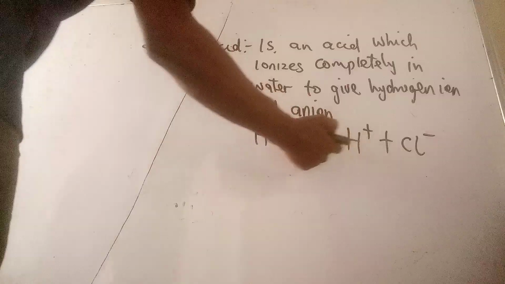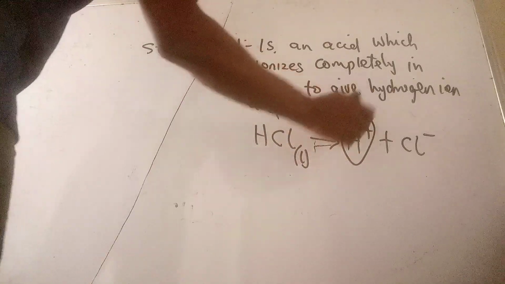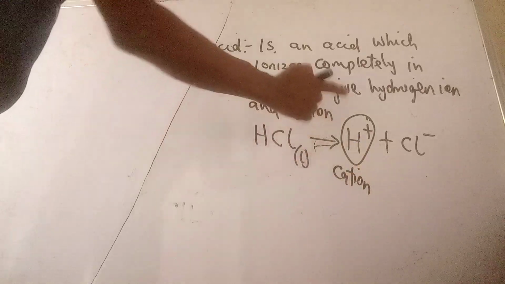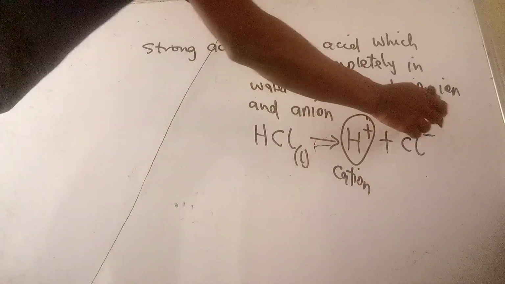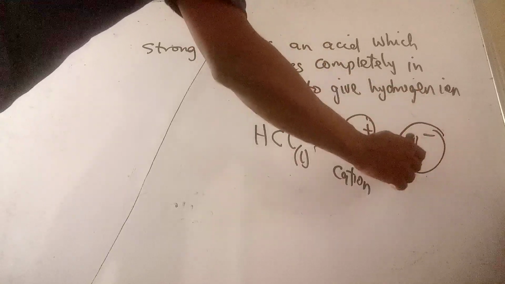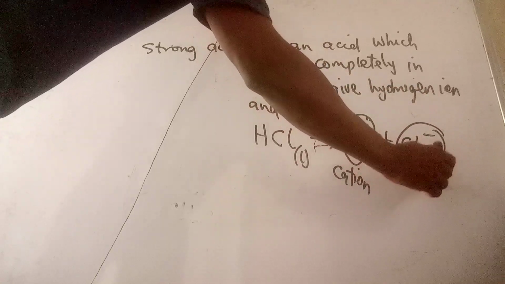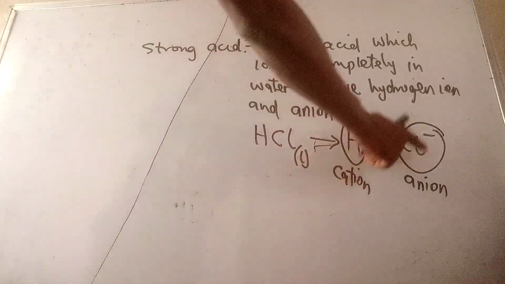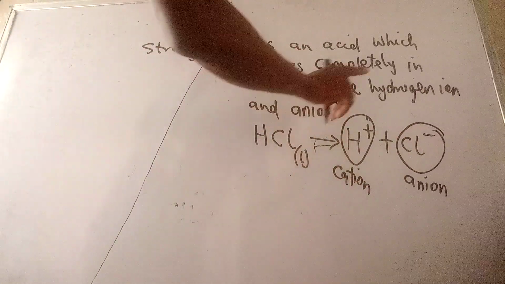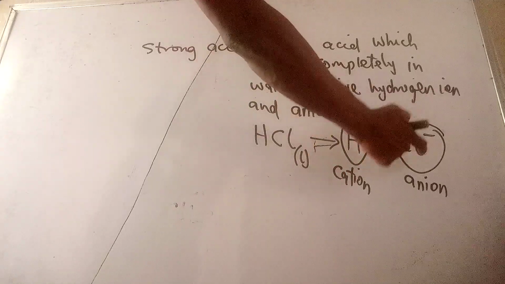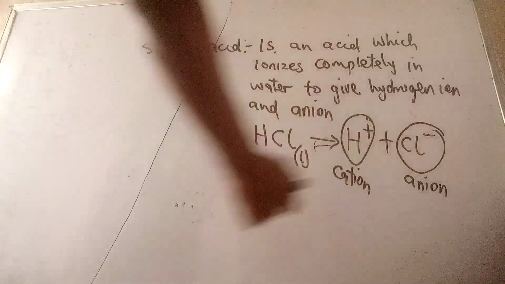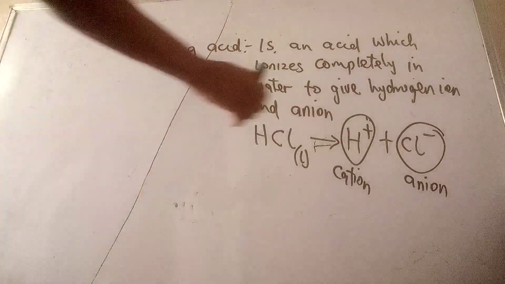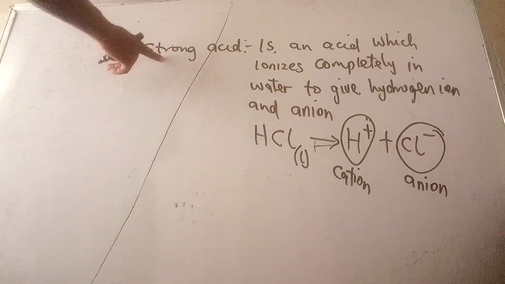So you can see that this is the hydrogen ion, which is a cation, because any ion that carries a positive charge is a cation, while any ion with a negative charge is called an anion. Take note of that. So that means there is no presence of any positive hydrogen in this anion. The positive and negative are completely separated. That is what makes it a strong acid.